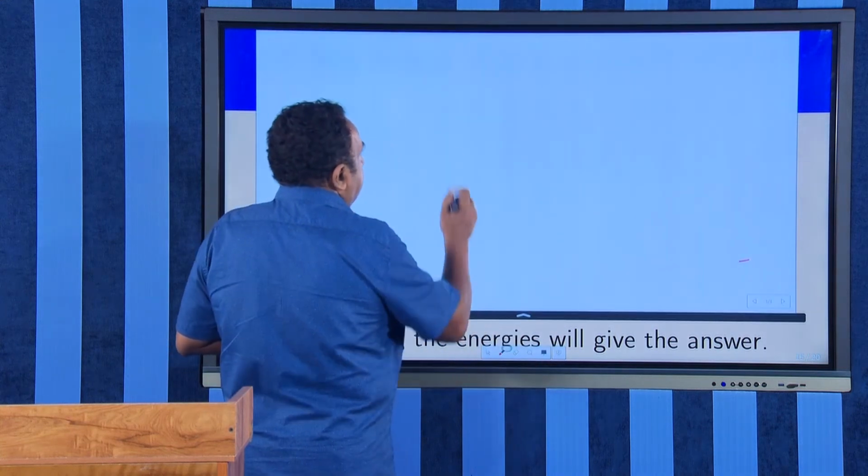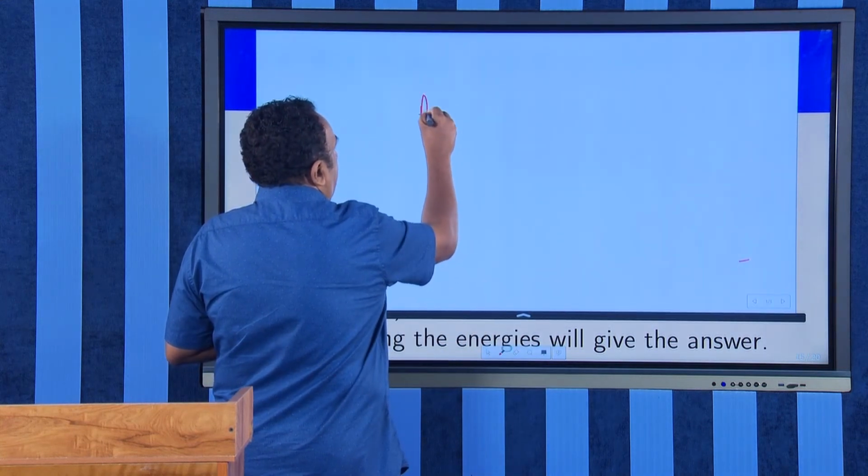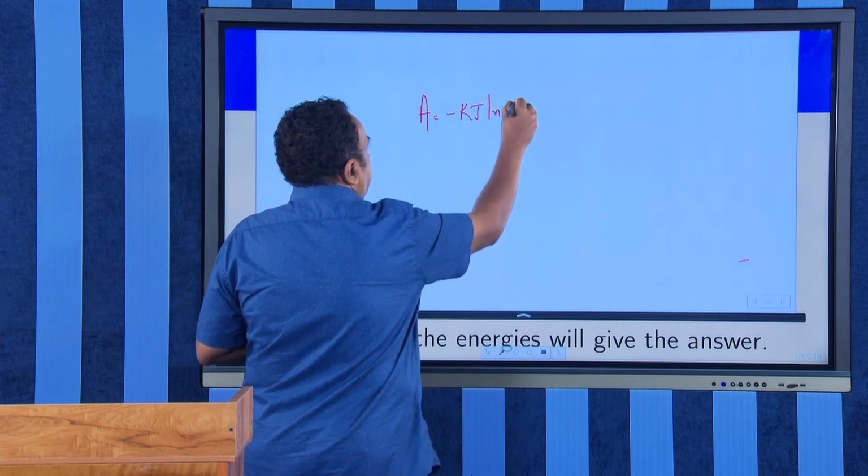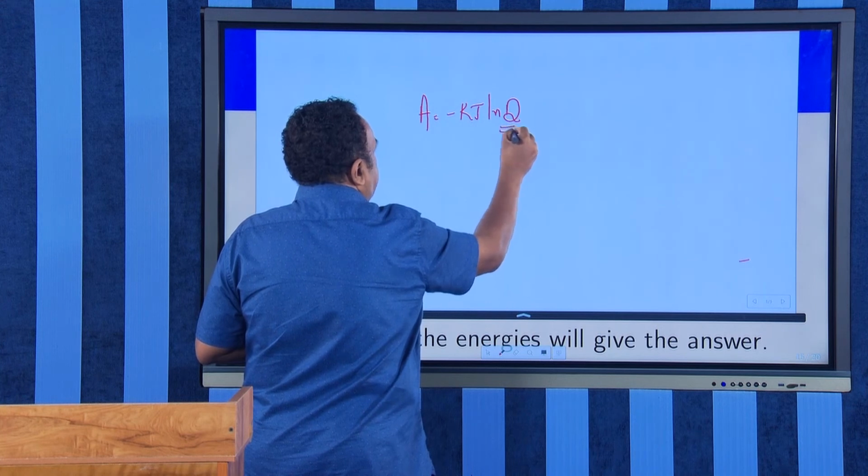You are asked to find the Helmholtz free energy, which is given by minus kT log Q. Therefore, here you have to find the partition function and then substitute. What is the partition function?